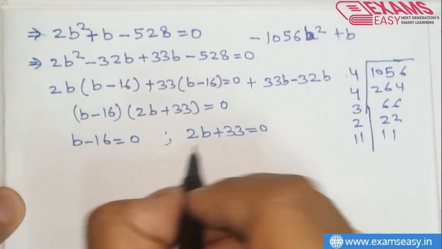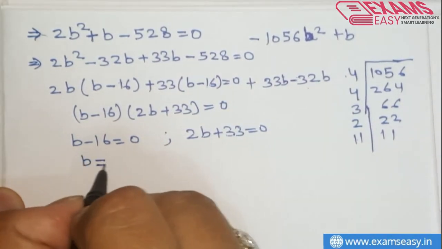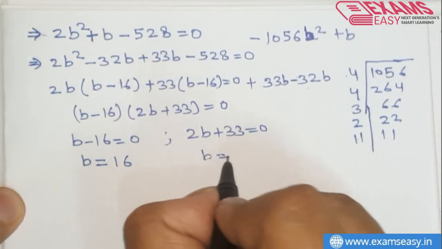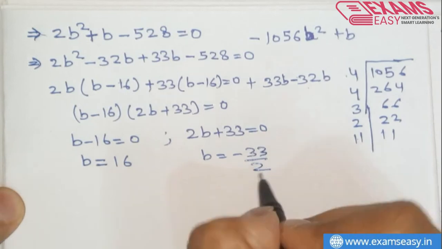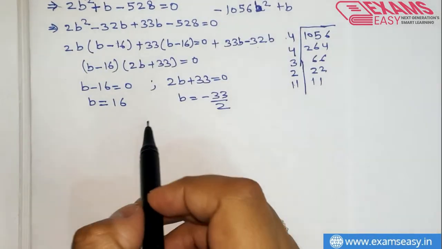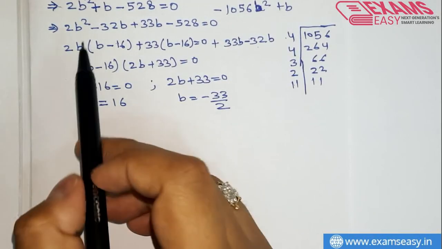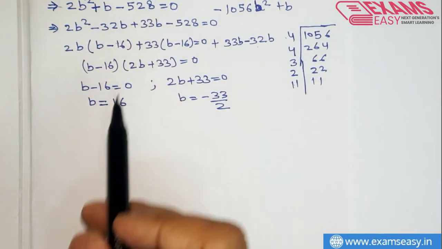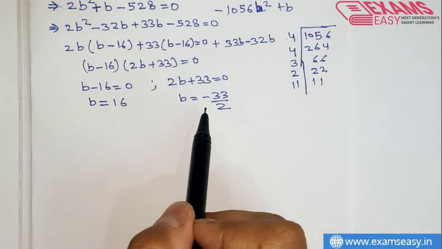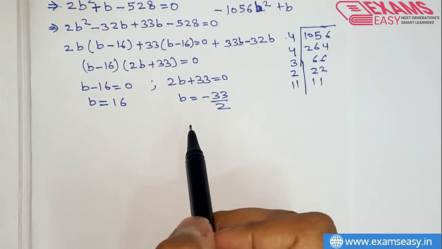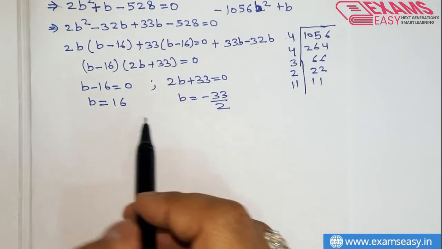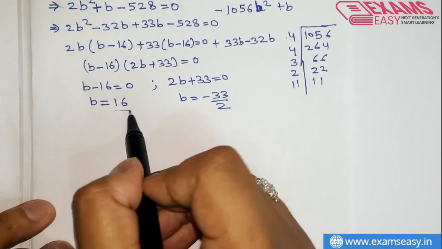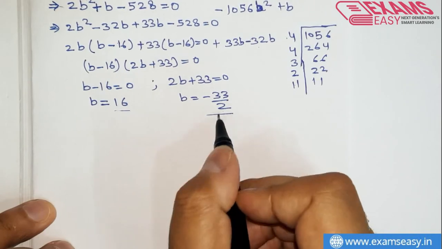If we solve both expressions, this will give us the value of B as 16, and this will give us the value of B as minus 33 by 2. Friends, after finding the solution of the quadratic equation 2B square plus B minus 528 is equal to 0, we have got two solutions. Since a quadratic equation will always have two roots, we have B is equal to 16 and B is equal to minus 33 by 2.